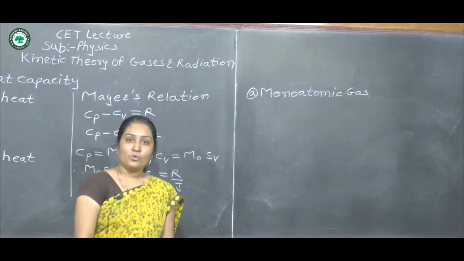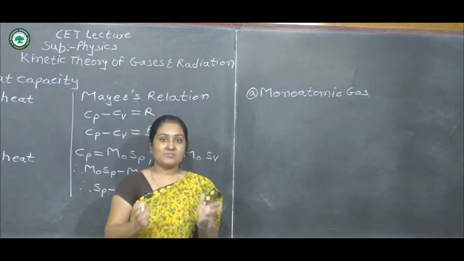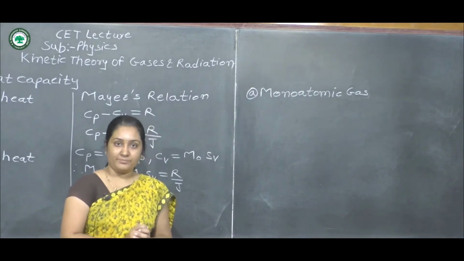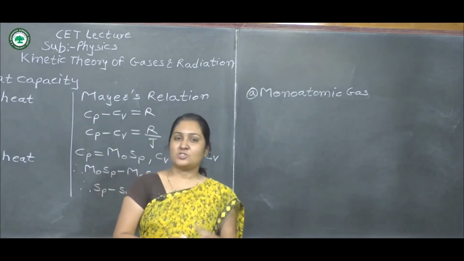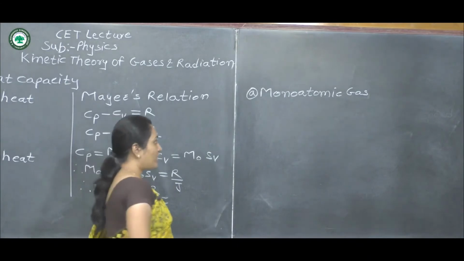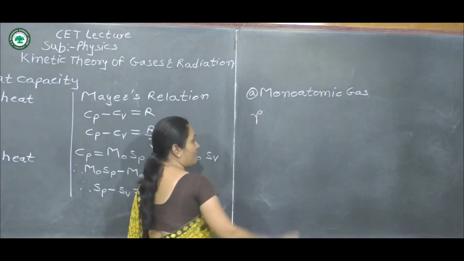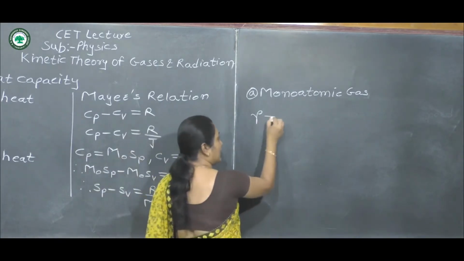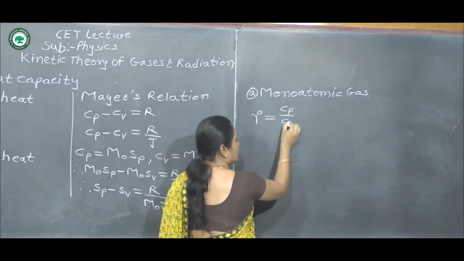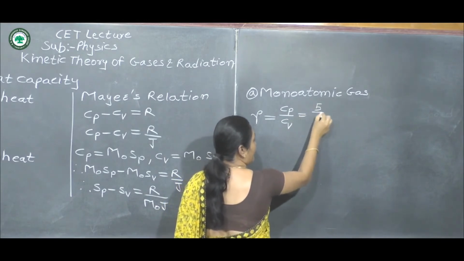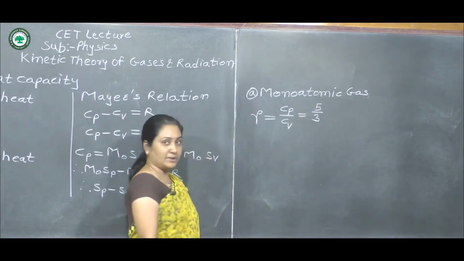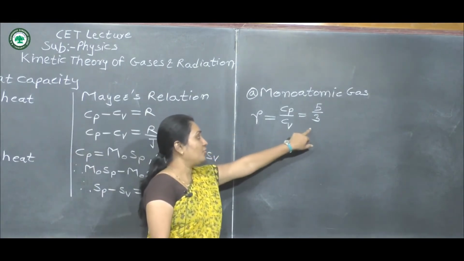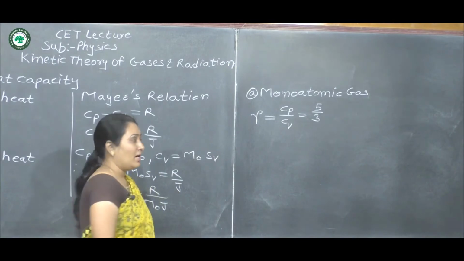Monoatomic gas means the gas which consists of only one atom, for example helium. If we have to find out the value of gamma, that is the adiabatic ratio, it is Cp upon Cv, which is equal to 5 upon 3. So for monoatomic gas, gamma is equal to 5 upon 3.